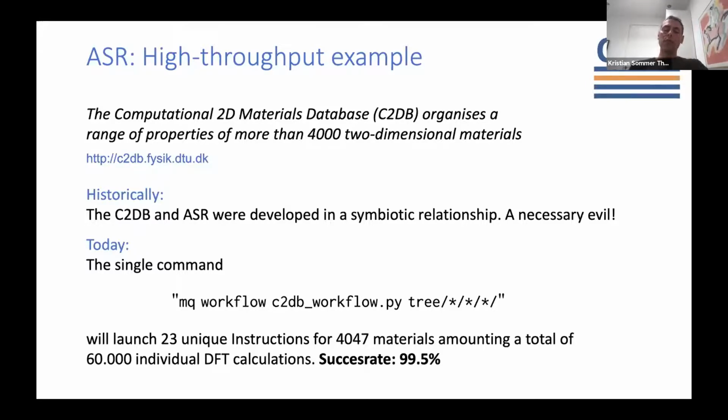The few calculations that are not successful are typically because the Kohn-Sham convergence is problematic, and then we would need to go and fine-tune parameters in the scripts manually. But all these things about setting the parameters, that's also something that we really take care of when we write the recipes, right?